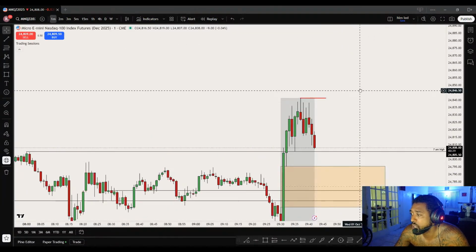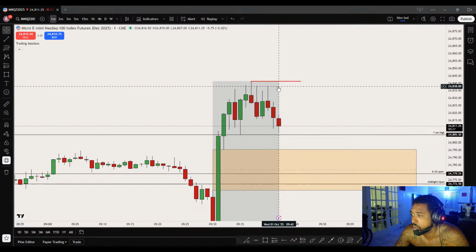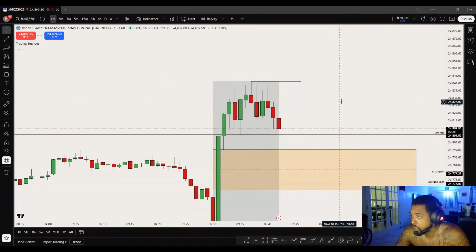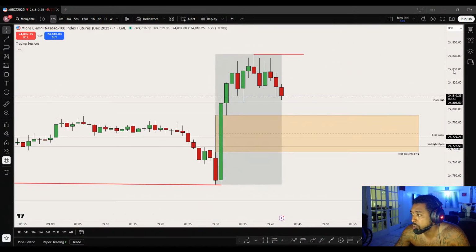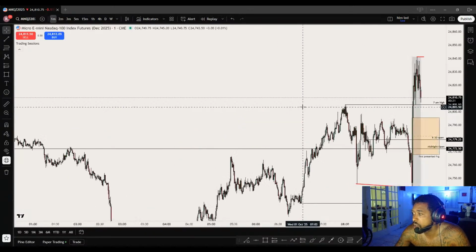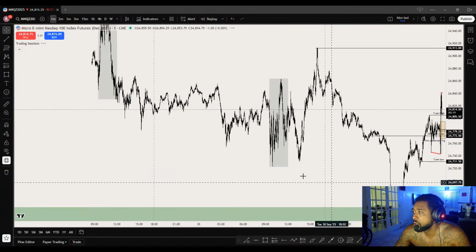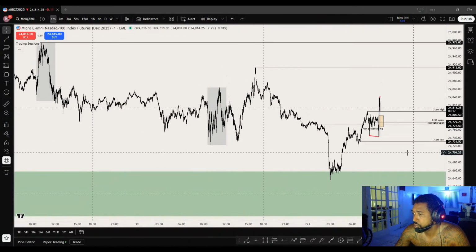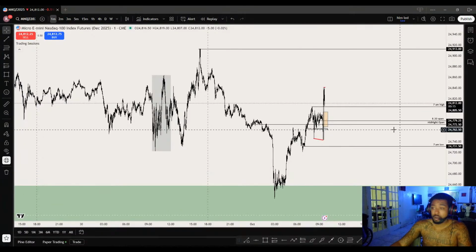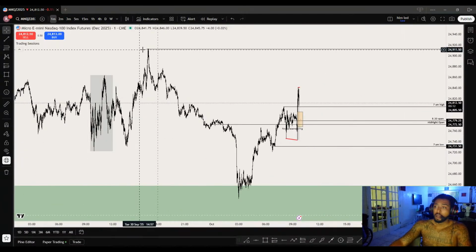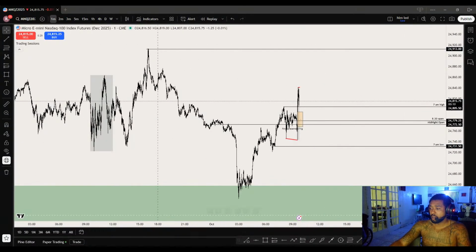So you see how we did not create that new change in the state of delivery. So you be patient, because honestly, we're literally buying. So let's say, for example, I'm going to use my fib again, right? I'm using my fib from this high to this low that got created, right? So let's use it right quick.